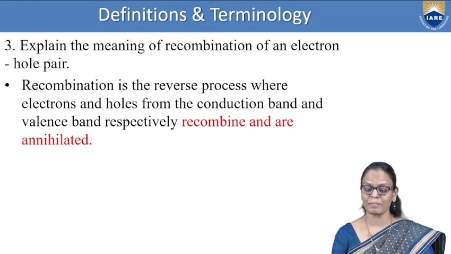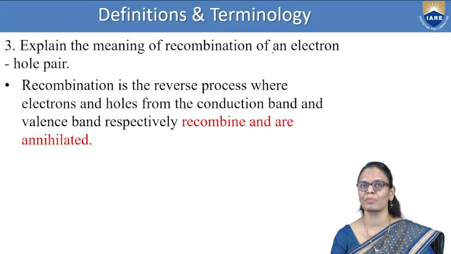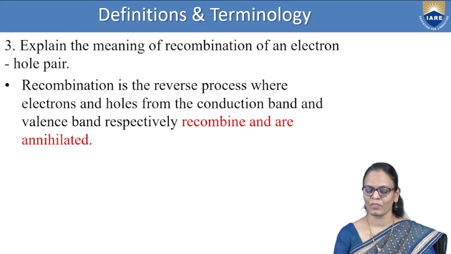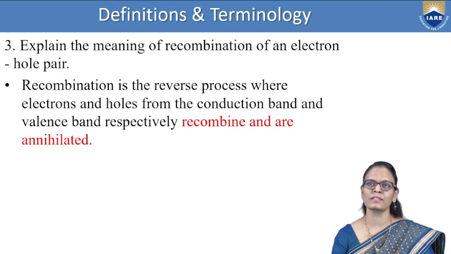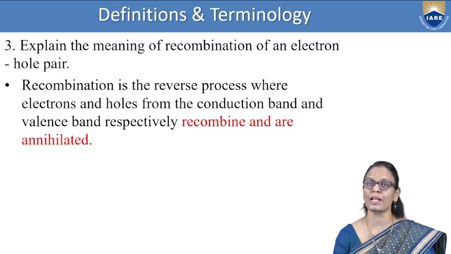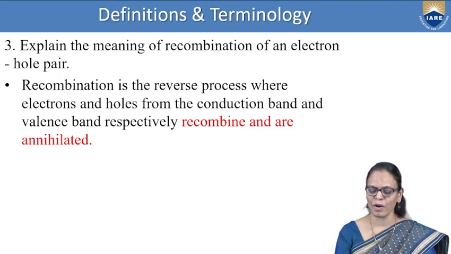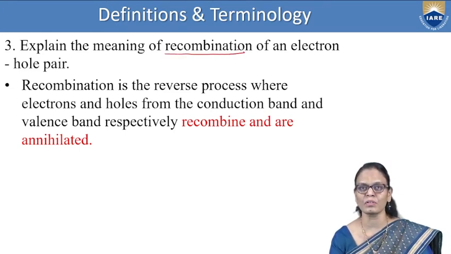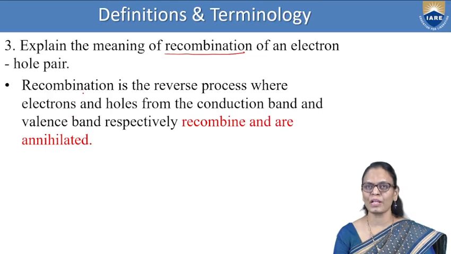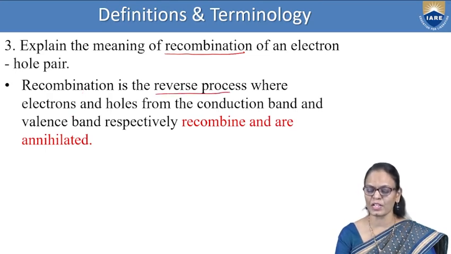Now explain the meaning of recombination of an electron-hole pair. We have just seen the carrier generation, or the generation of an electron-hole pair. Now what is recombination? Recombination is the reverse process of generation.